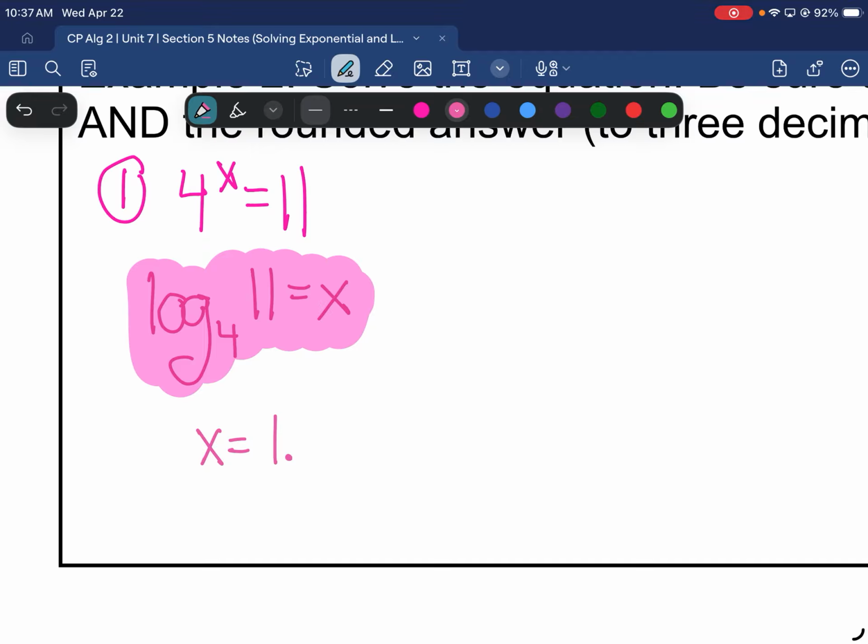Okay. So did you press this? Yeah. Okay, so log, delete the 10 and put a 4, and then of 11. For some reason your parentheses went away. I don't know the buttons that you had pressed, but it did work.